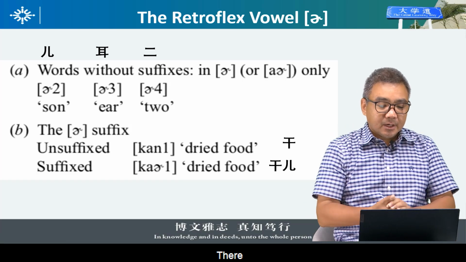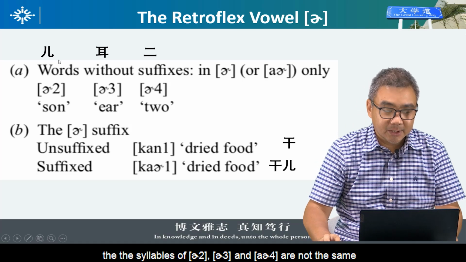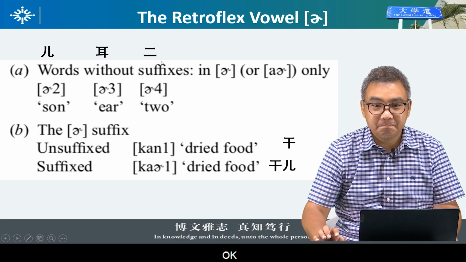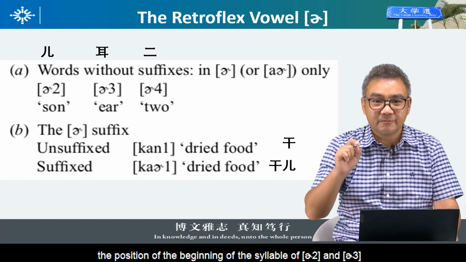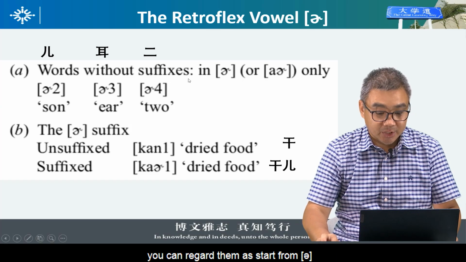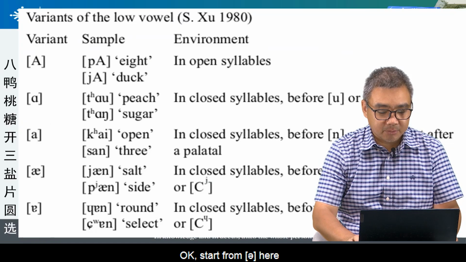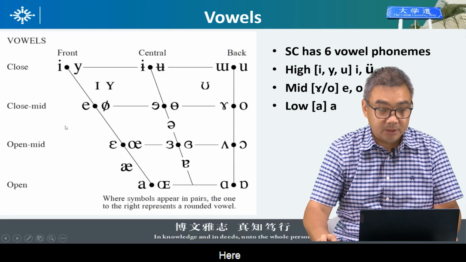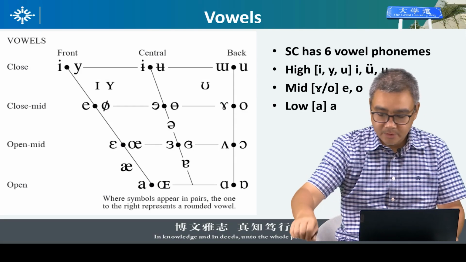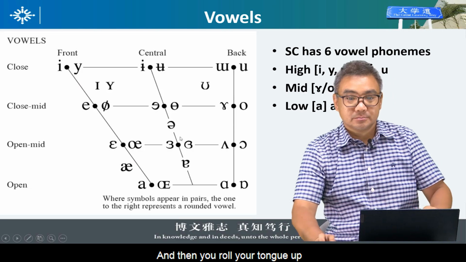Notice the syllables are not the same. The position of the beginning of the syllable, you can regard them as starting from here. Okay, start from here, and then you roll your tongue up.